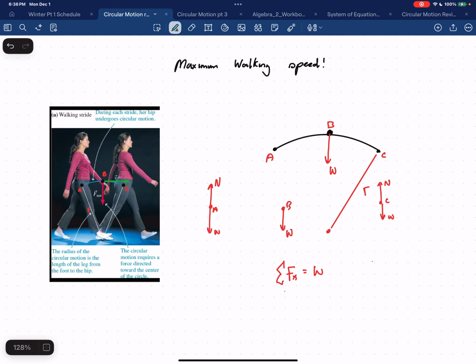So how do I find that speed? Well, I know I'm accelerating. So my F is equal to ma, where the force is the weight, and a_c is going to be equal to v squared over r. Weight is mg. We can divide both sides by m, or multiply by 1 over m, which is what I like doing.